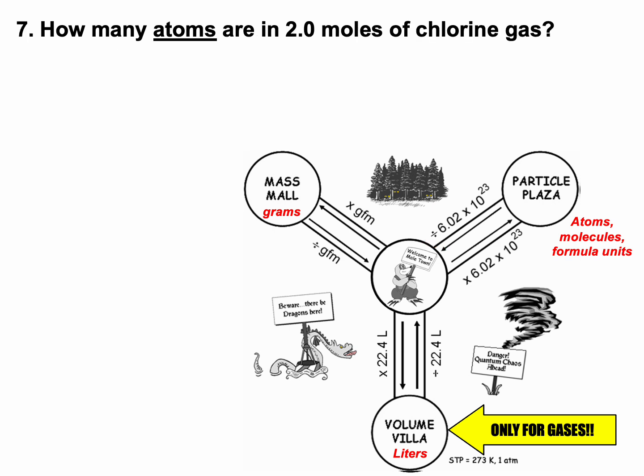All right, so the next one is how many atoms are in 2 moles of chlorine gas. So this is actually a 2-step problem. So the first one, we say that, well, we're starting out center of mole town, and we're trying to get out to representative particles, but we have to remember that chlorine gas is diatomic. So that means the first thing we have to find is how many molecules of diatomic chlorine do we have, and then we're going to multiply by 2 because we want to know how many atoms.